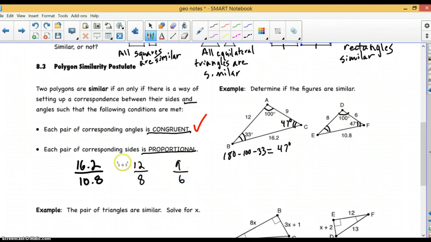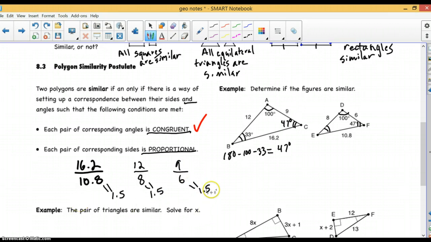Now if we look at all of these, 16.2 divided by 10.8, in doing so, we get 1.5. 12 divided by 8 also equals 1.5. And 9 divided by 6 is 1.5.